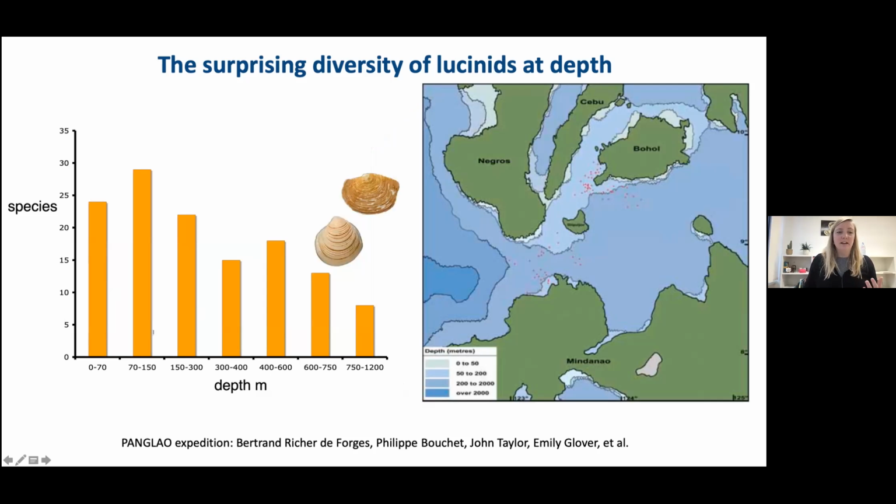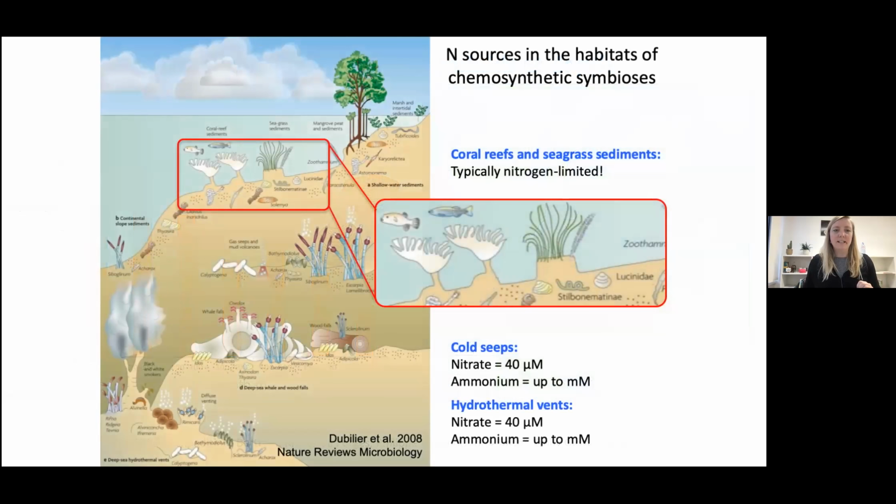And surprisingly, he found that although the deepest samples tended to have a lower species diversity, they still had a remarkable number of species in each sample. And the highest diversity was even found below scuba diving depth. So 0 to 70 meters would be the most intensively sampled depth. And below that, there was still a massive diversity of lucinid bivalves that have been really understudied and undersampled. So they're typically considered a shallow water symbiosis, and yet this is probably just because we haven't looked hard enough and haven't really characterized the diversity at depth.